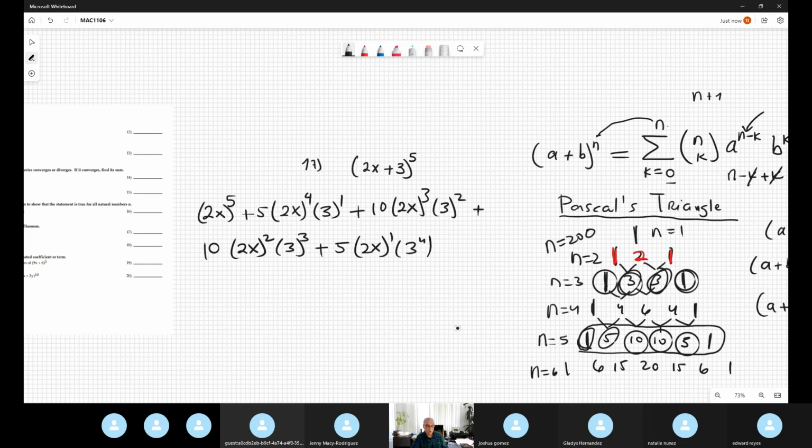Of course, you don't leave it like that. You need to do the operations inside here. It gets super easy.